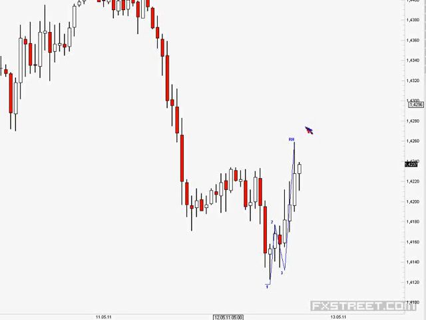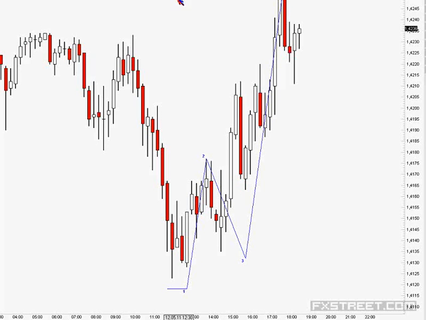I personally wouldn't be too excited to jump in for a long trade here, and instead would probably look for some kind of a short setup, which right now we don't get on a 60-minute chart, definitely.